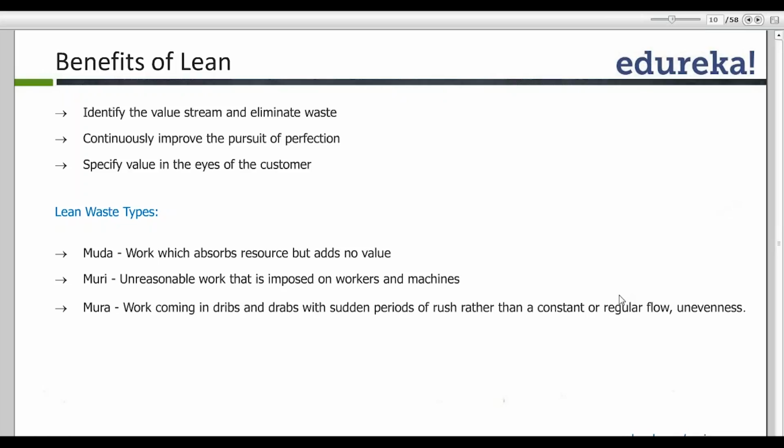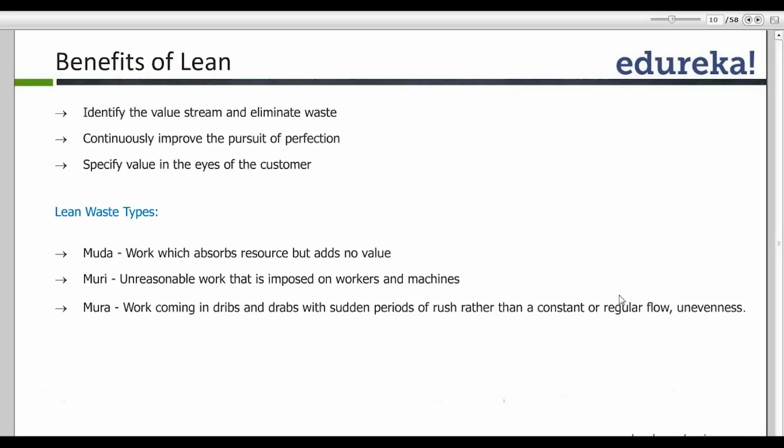Muri stands for unreasonable work that is imposed on workers and machines. If I give my workers a task which is unreasonable or not adding any value, that is called Muri. And Mura is work coming in drips and drabs with sudden periods of rush rather than a constant or regular flow.